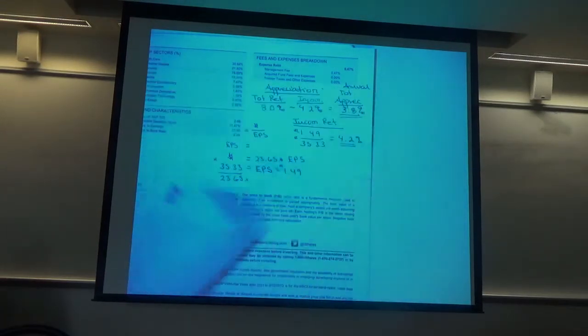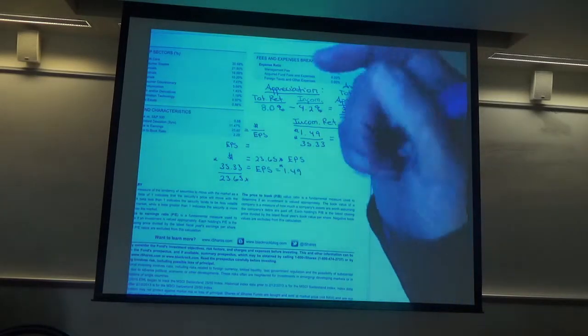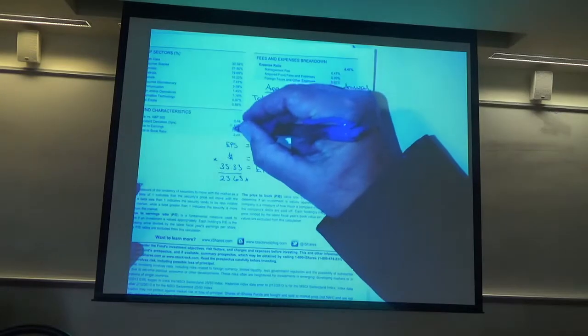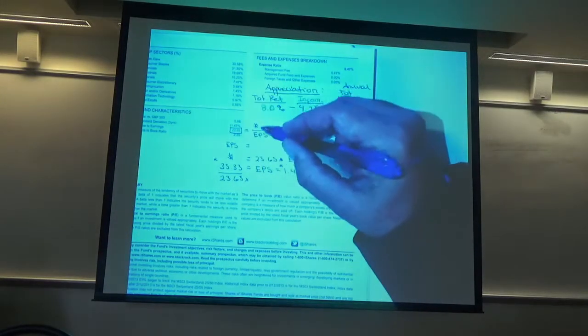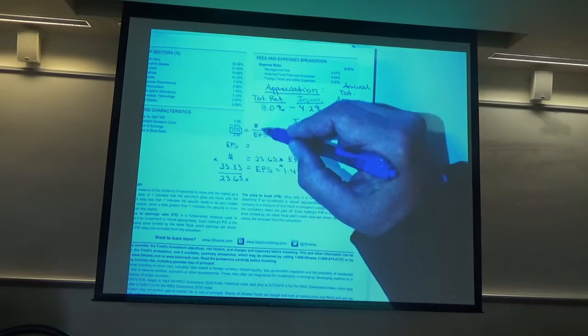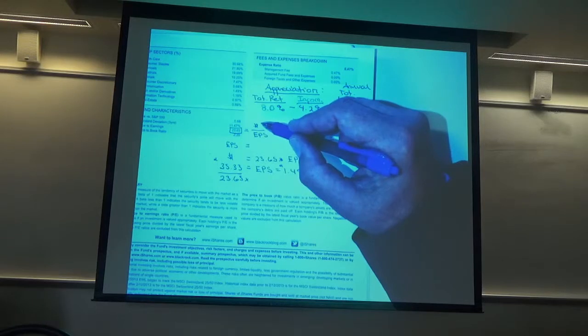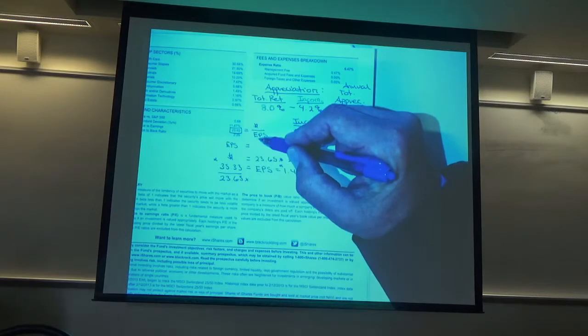So for Switzerland, he gave me the price earnings ratio. And I know the equation, right, is going to be the price divided by earnings per share. So if I know the price and I know the PE, then I can calculate the earnings per share.